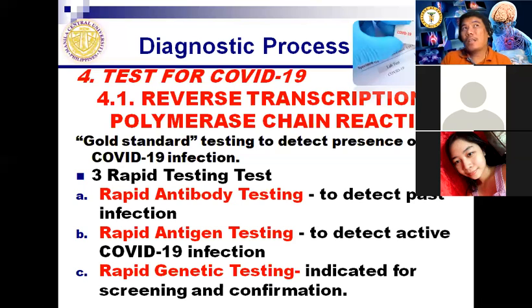Remember class, at the time that the variant had been presented in the news, to significantly identify which persons had contracted a certain variant, the rapid genetic testing is the one being used to specifically identify the specific variant of COVID-19.